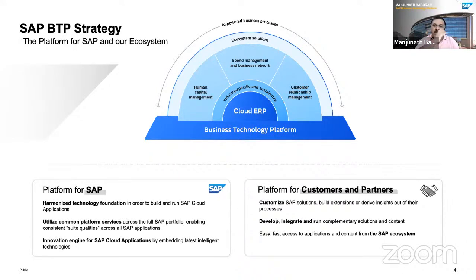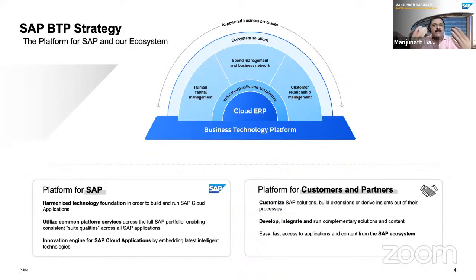One, because SAP Business Technology Platform is lying at the bottom as the technology foundation for all of the different SAP applications, or what we call LOB solutions, it provides a harmonized technology foundation, giving capabilities and services which are used across SAP's cloud portfolio.